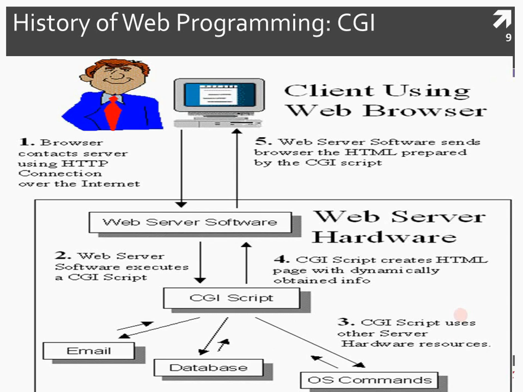The CGI script then creates an HTML page with dynamically obtained info, and the web server software sends the browser the HTML prepared by the CGI script. This is how the common gateway interface normally works, where the client goes through the server.